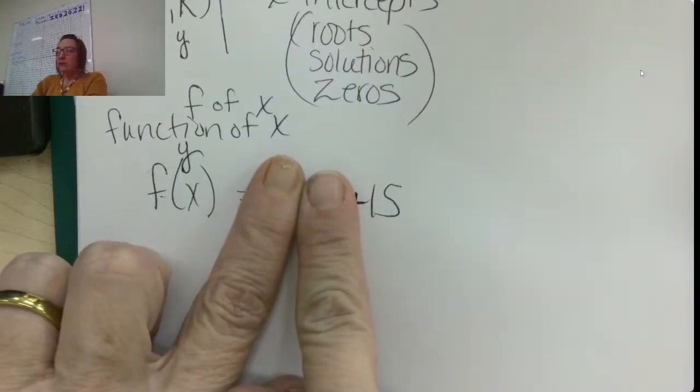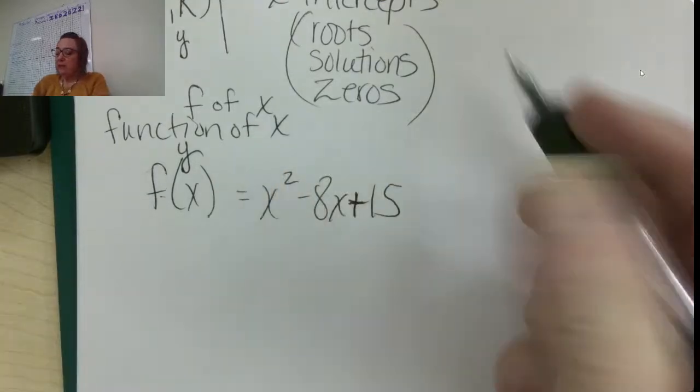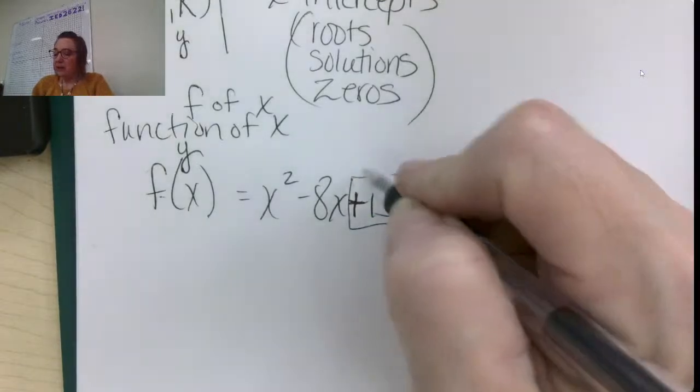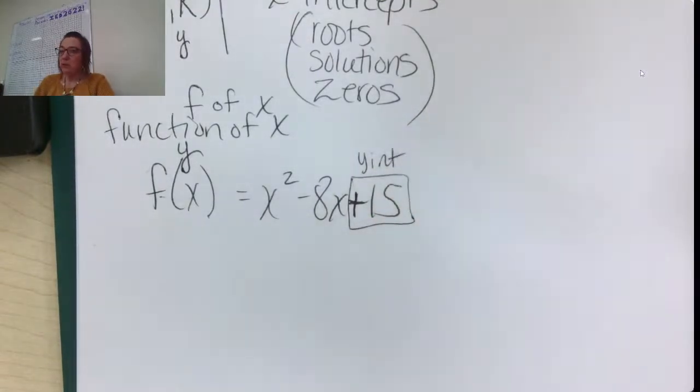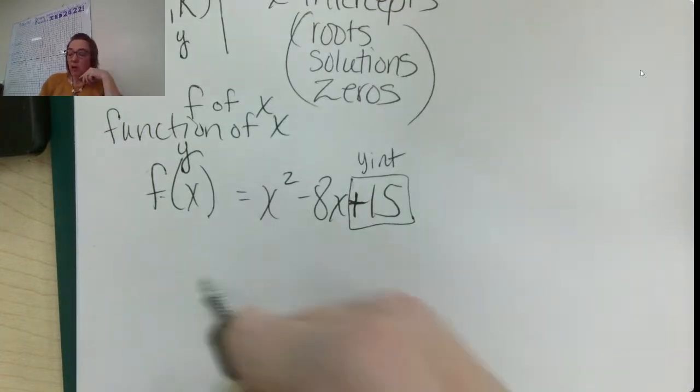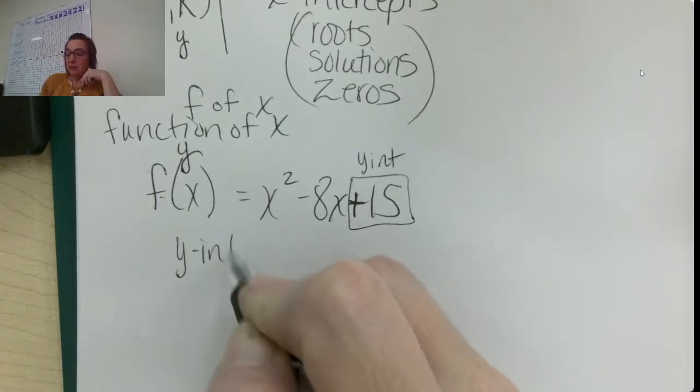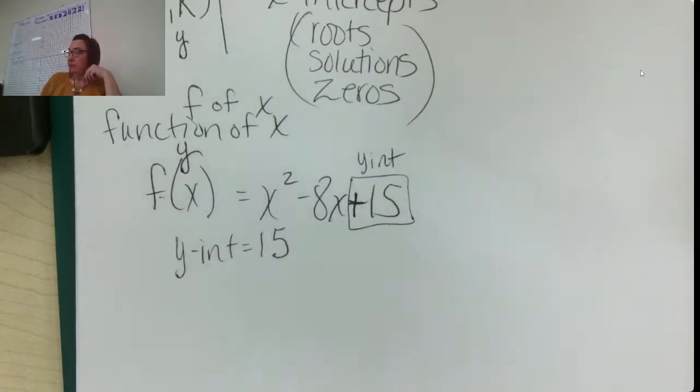What do we have left? 15. This guy right here, that is your y-intercept, right? So we've already identified one landmark for this, and that's our y-intercept. So our y-intercept for this is equal to 15. Okay, so that's where that sweet baby is crossing the y-axis. All right. So far, so good.